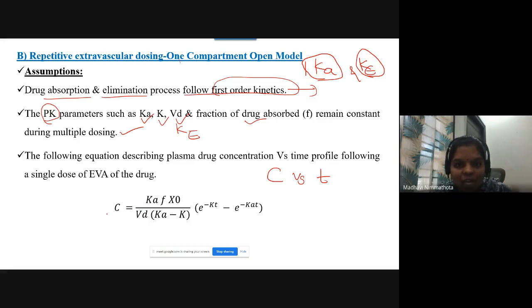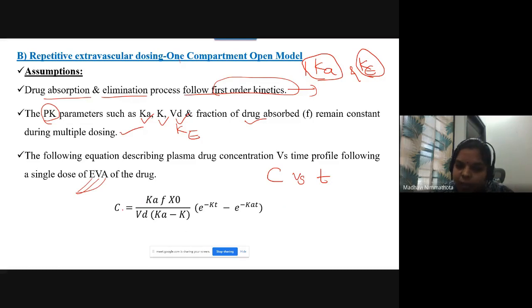If you consider the single dose, then you can calculate all these parameters, but all these parameters remain constant during multiple dosing. So how can you calculate the plasma drug concentration? See here, this is extravascular administration. The short form I have written here is EVA, extravascular administration. So you just remember this entire equation.